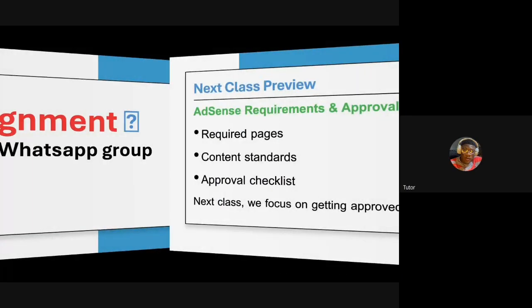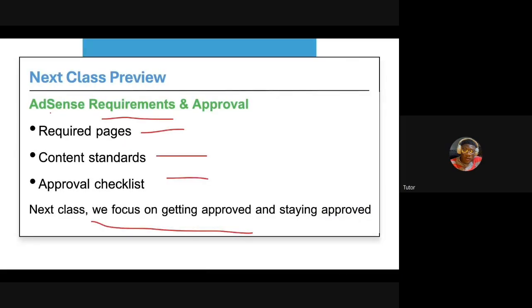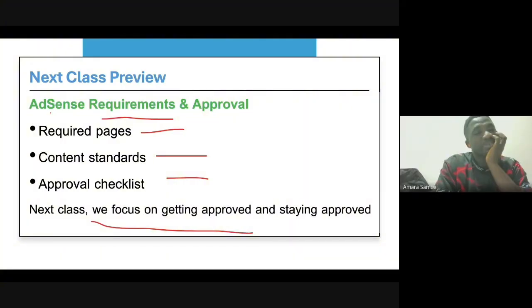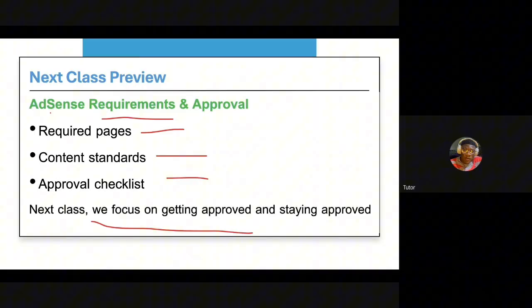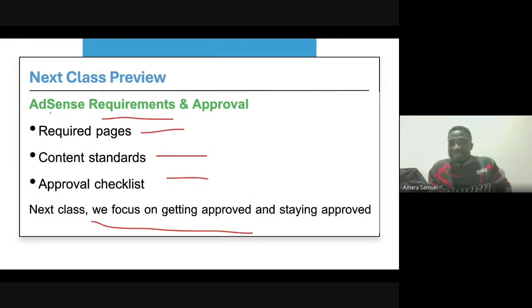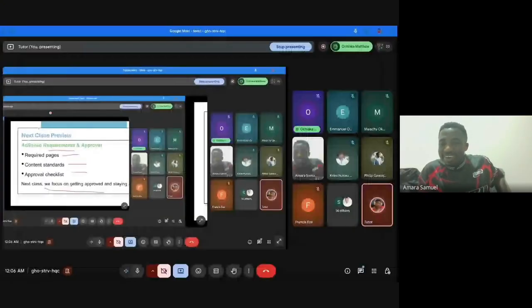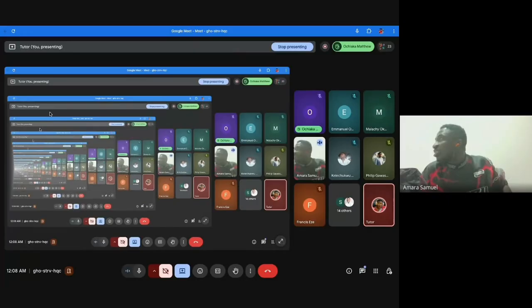The previous one was AdSense requirement and approval, which is the one we just finished now. So they are not related. The first one was the next class preview, AdSense requirement and approval. Then the last one is SEO and keyword planning, foundation level. Okay, I understand now. It's different. All right.